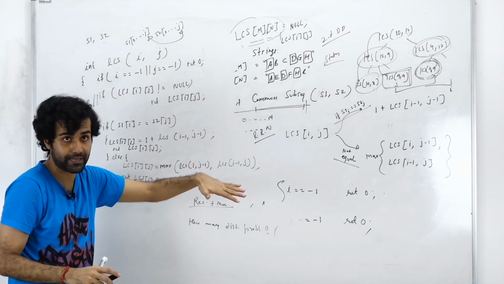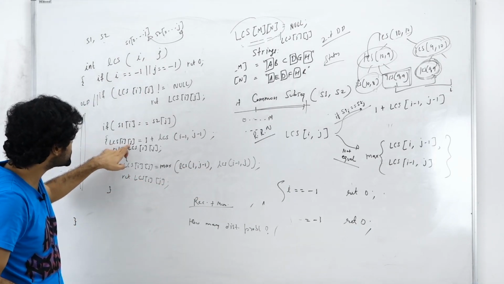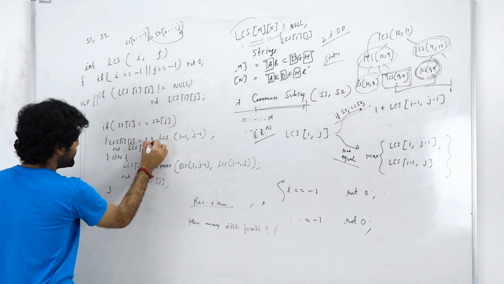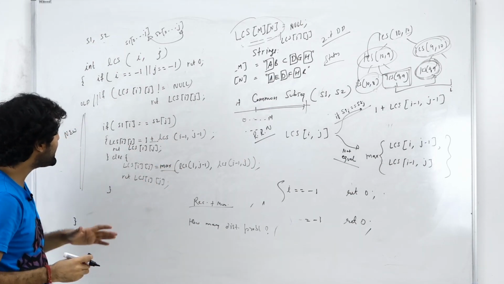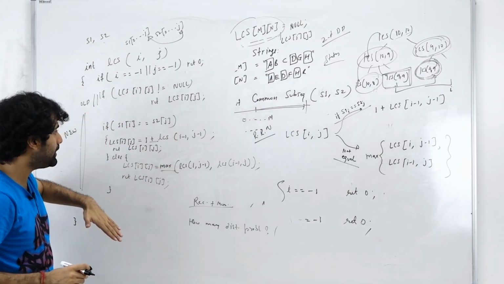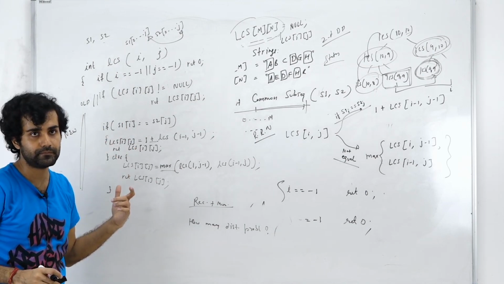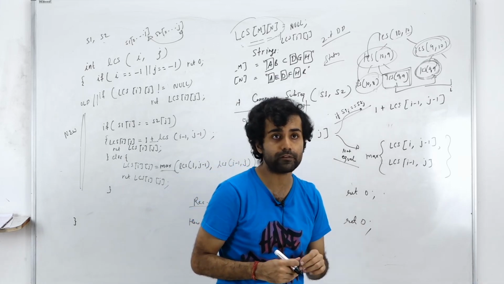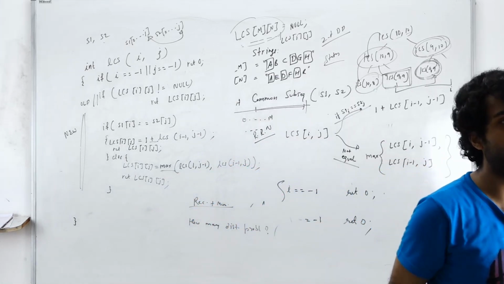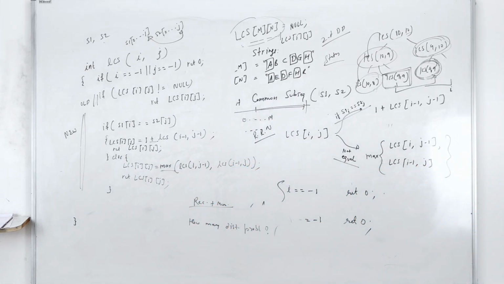That is a separate time, right? So for solving LCS of ij, I am just doing some constant operations, which is an addition or a max computation. So I can say that everything is being solved in just order 1 time. And since there are m into n different problems and every problem takes order 1 time, the overall time complexity will be order m into n.